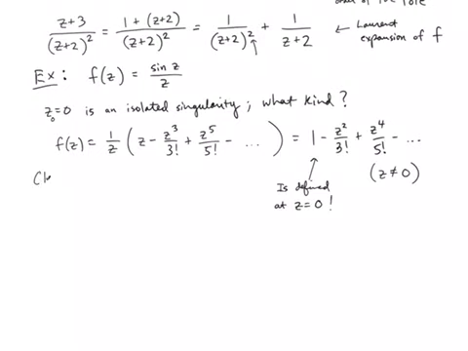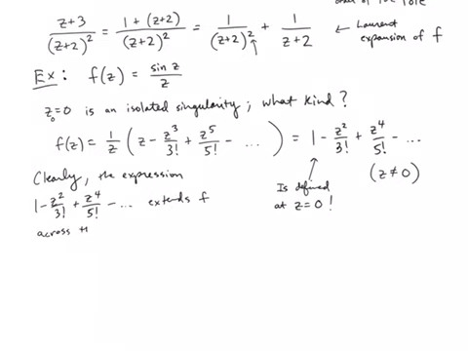So I'll just say clearly the expression 1 minus z squared over 3 factorial plus z to the 4th over 5 factorial minus dot dot dot extends f across the singular point at z naught equals 0.